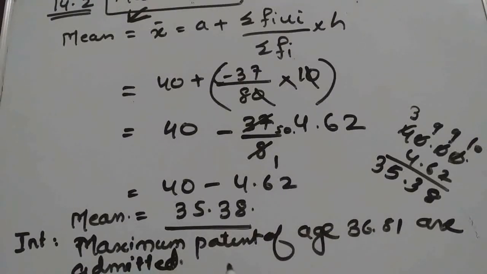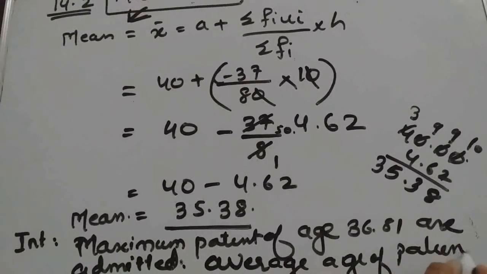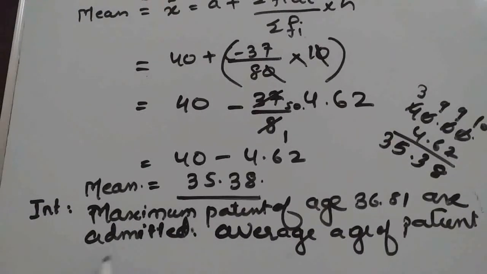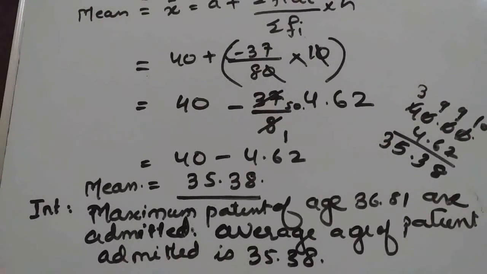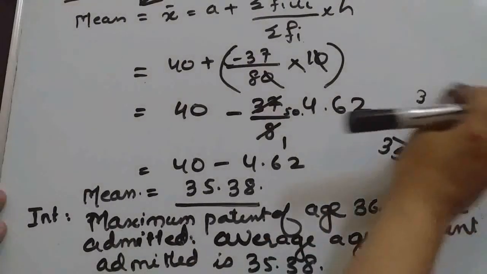Okay, and the average age of patients, mean is average, the average age of patients admitted is 35.38. Okay, so this is the solution for question 1.